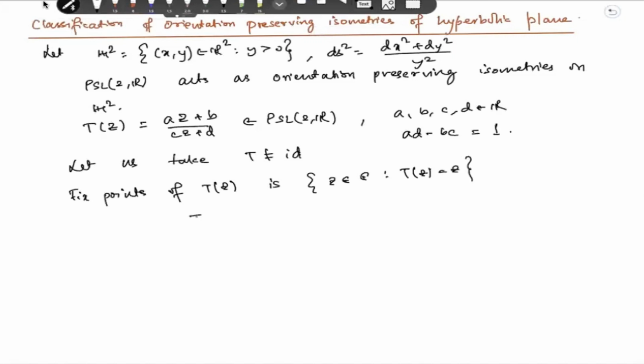If I look into this equation, T(z) equals z, this will give me the following quadratic equation: c z squared plus (d minus a) times z minus b is equal to 0. So we have this quadratic equation.